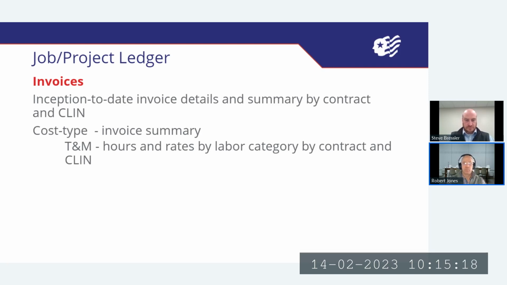So let's say, for example, you changed rates in the middle of the year, and that maybe was part of the agreement of the contract because of the period of performance, and so you had some follow-on, a modification, something that happened. We need to know that you invoiced 100 hours of a project manager at $175 an hour and 50 hours of a project manager at $185 an hour.